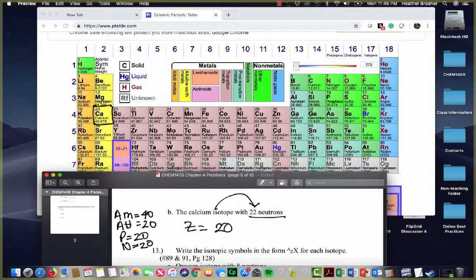So our A is going to be 20 plus 22, which equals 42. So if you write this, how would it look? You'd start out with the Ca here, right? And what goes on the top? The 42 and the 20.